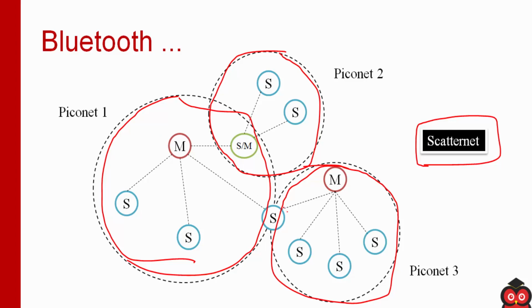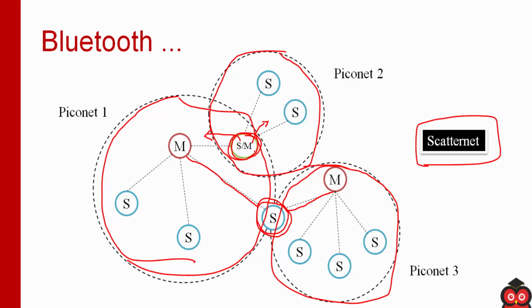So if you see here, this slave is communicating with the master of Piconet 1 as well as it is communicating with the master of Piconet 3. Okay. And if you see here, this particular node is playing a double role. With respect to Piconet 1, it is a slave, and with respect to Piconet 2, this is a master node.